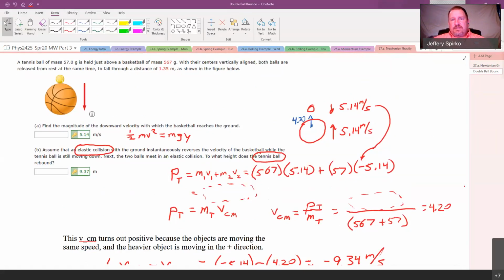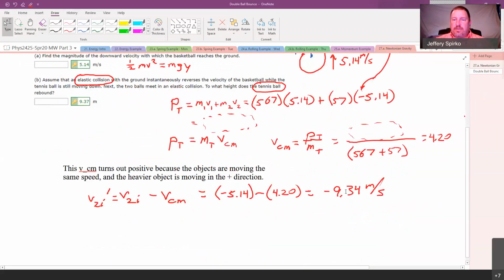So with this relative velocity idea, that's how fast the tennis ball is moving with respect to this blue dot. They're heading at each other, and the combined speed is 9.34 meters per second, and the tennis ball is moving downwards as compared to the blue dot.